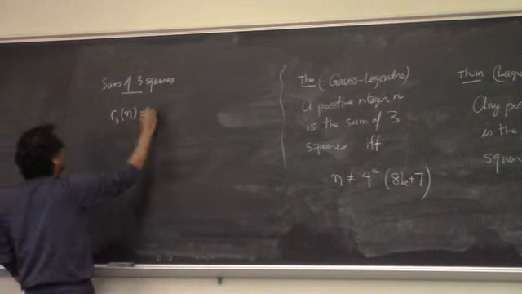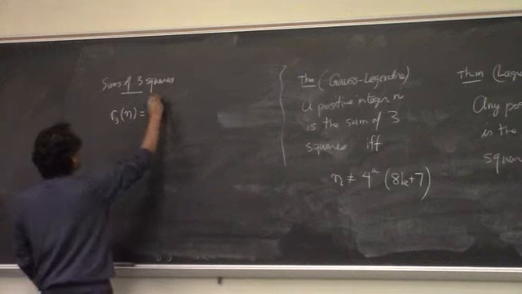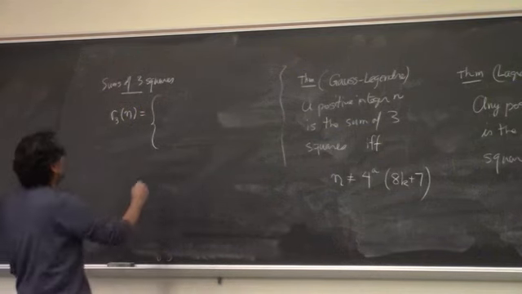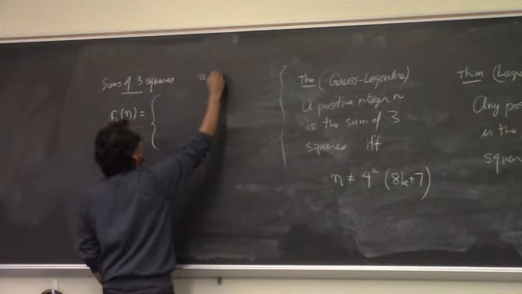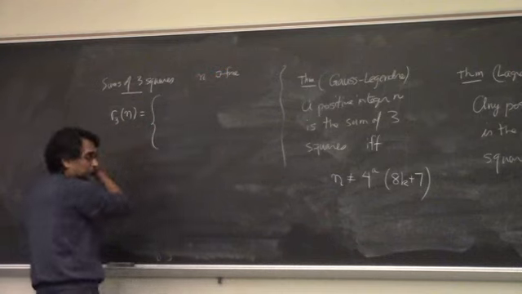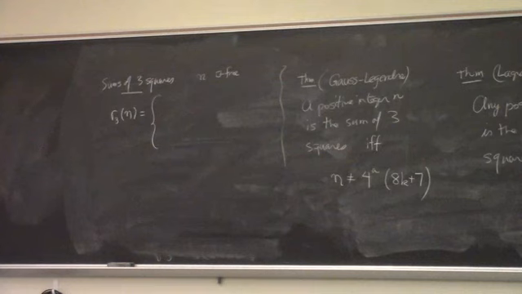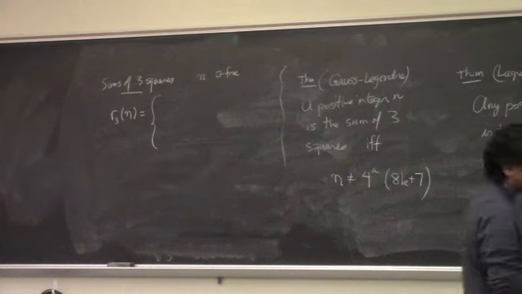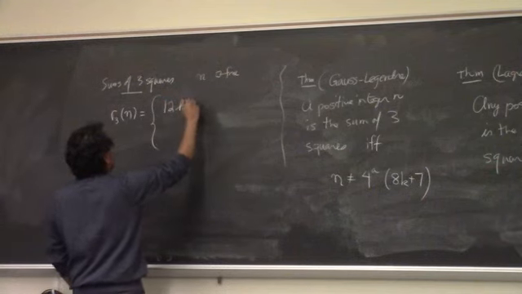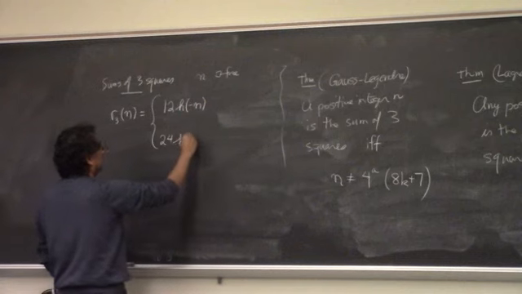R3 of n is equal to, let me say that n is square free to make the formula a little simpler. R3 of n is equal to 24 or 12 times 12h of negative n, or 24h of negative 4n.